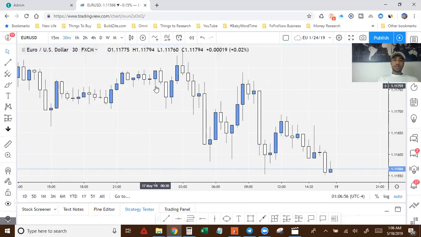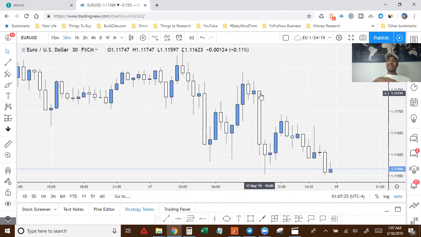So let's say we go to the M30 time frame. This candle right here was 30 minutes of time, where it opened at this price right here. Now, how do I know it's the open? Because it closed bearish, so this was the top. If you look over here, it opened at 1.11747, and the high was at the same point, where it says H, 1.11747.